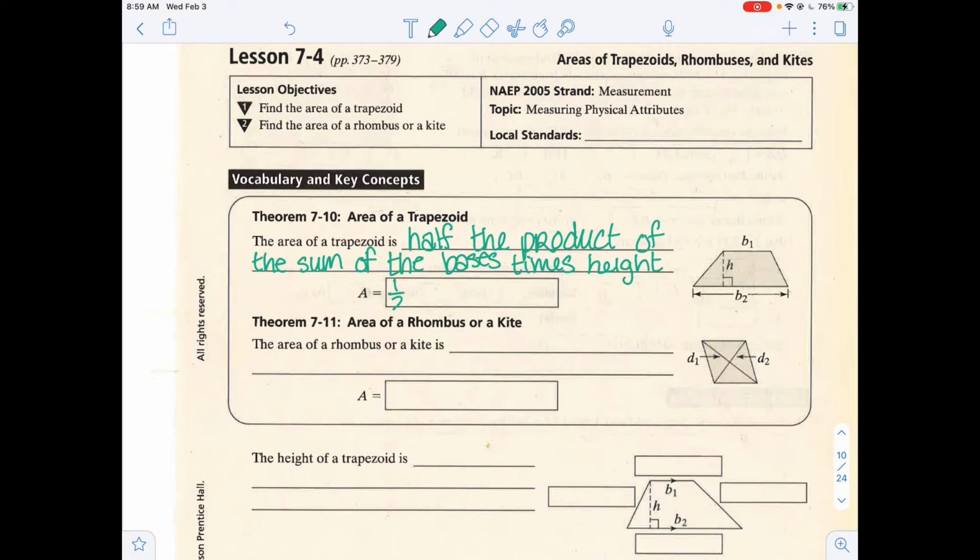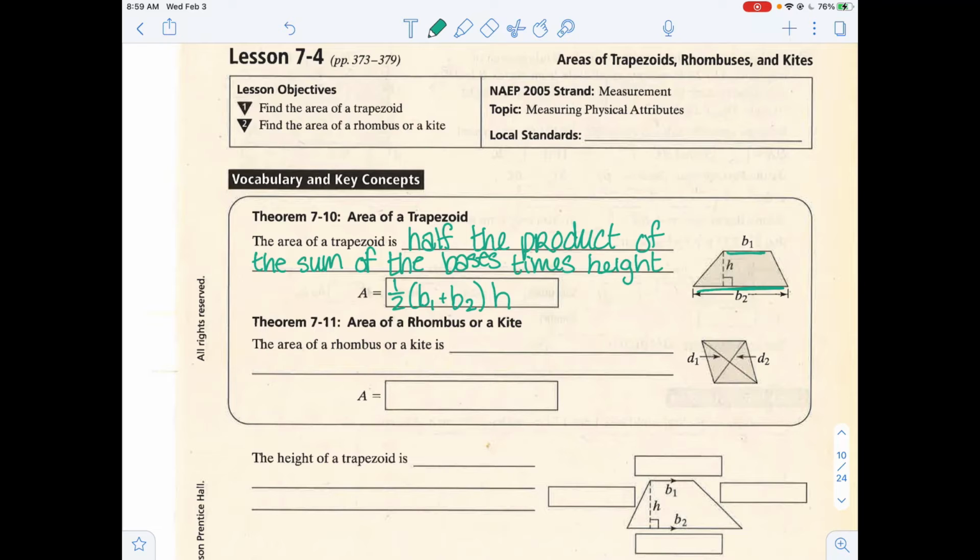So half the sum of the bases, so base 1 plus base 2, times the height. So you're going to add the top and the bottom base, multiply times the half, multiply times the height.